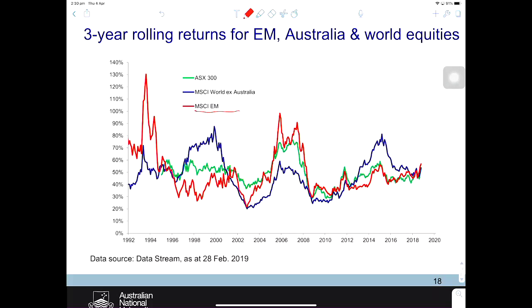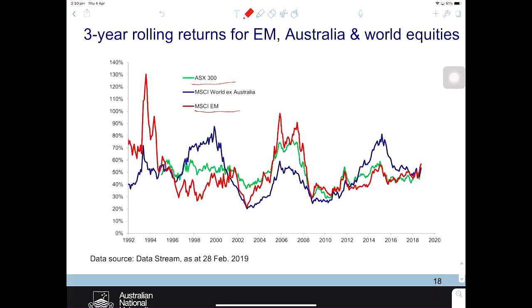The green line is the Australian index, and the blue line indicates the MSCI World Equity Returns. First, let's look at the emerging markets and its volatility relative to Australian equity market and world equity market.